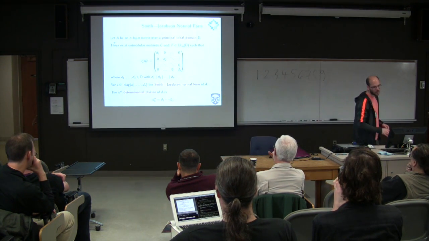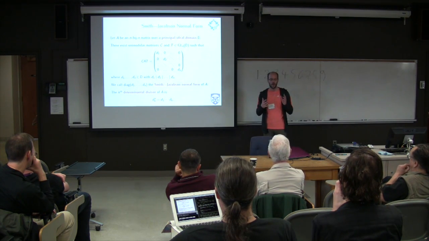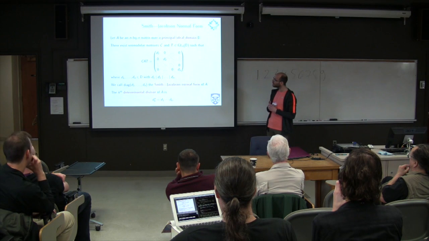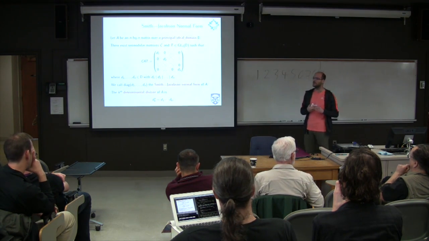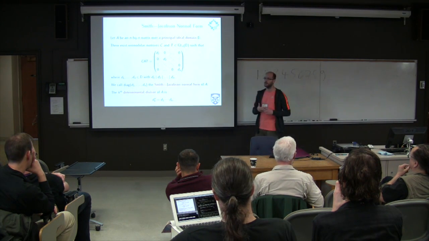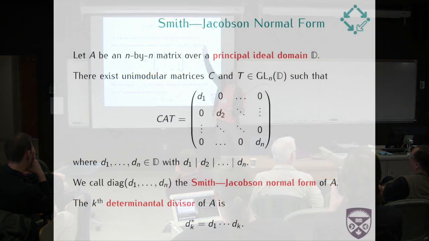Okay, so I'm going to present 2 ways of explaining why common factors appear. The first is the more theoretical result, which connects common factors to the so-called Smith form, or Smith-Jacobson form. For this, I need to consider a principal ideal domain.